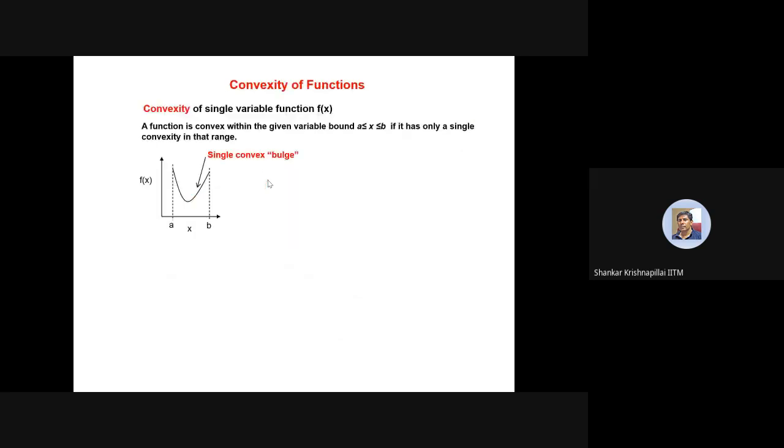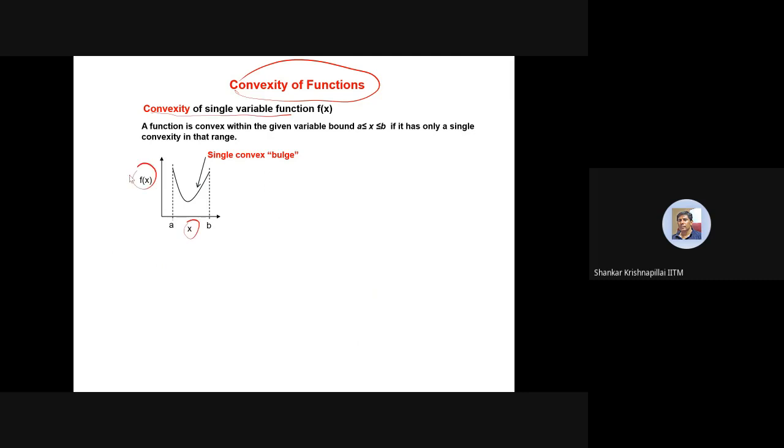Then the objective function, convexity of the objective function. The feasible region should be convex and the objective function also should be convex. First we look at the convexity of a single variable function, that is x versus f of x.